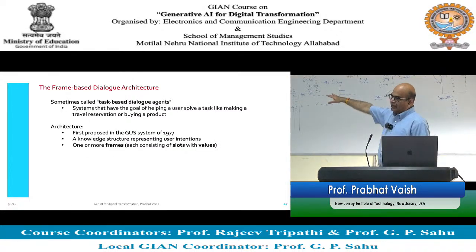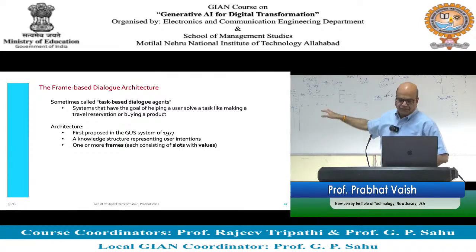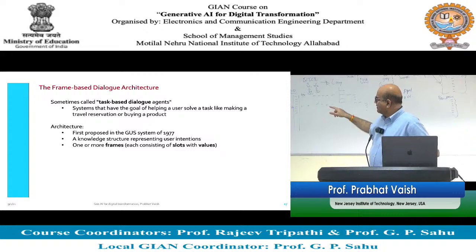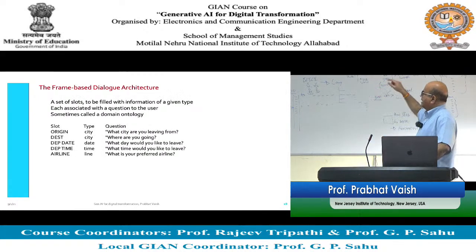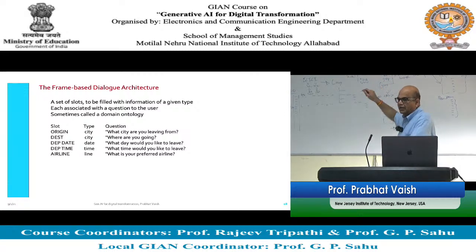One of the earliest implementations was done in 1977, which is what I've used here as an example. I think the reference is there somewhere. What you're trying to do here is that you have a set of slots which are required to capture the user's intention. There's a domain ontology, which is basically saying which words you want the user to say for you to recognize, and you're trying to capture those.